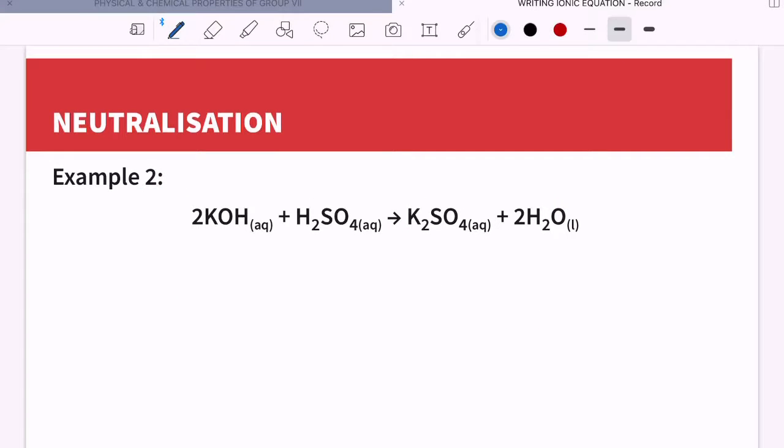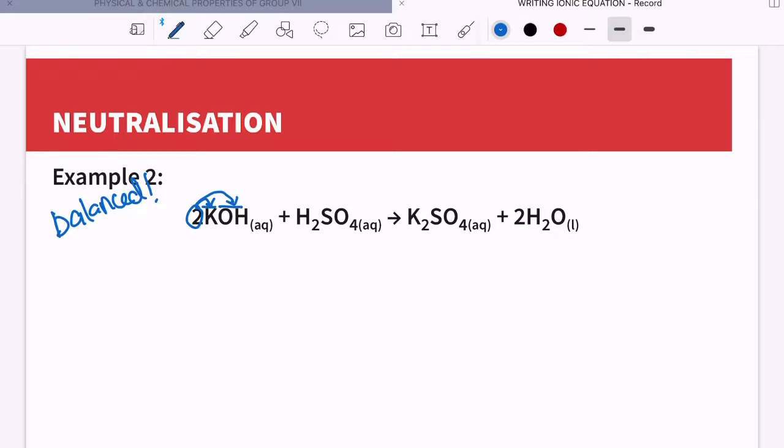Second example, we have potassium hydroxide and sulfuric acid to form potassium sulfate and water. Make sure the equation is balanced. My reminder: balance. Now it is time to break the aqueous solutions into their ion form. For potassium hydroxide, we have 2 of this, so it means there are 2 K and 2 OH.